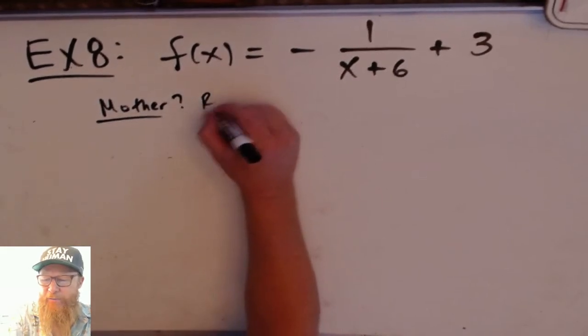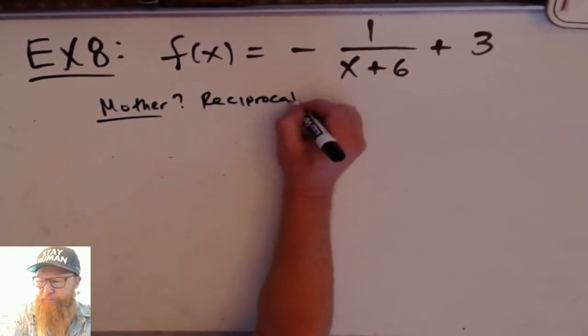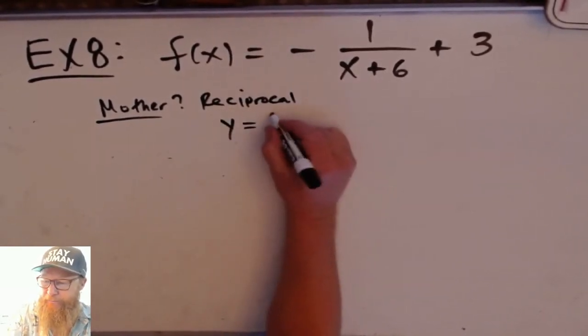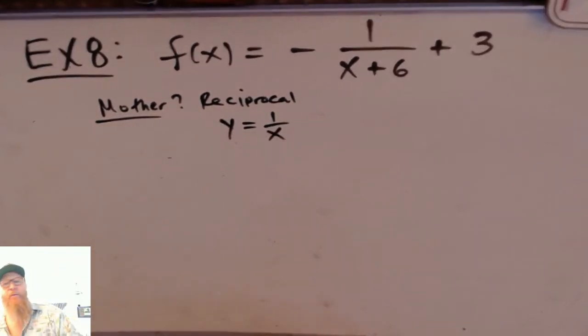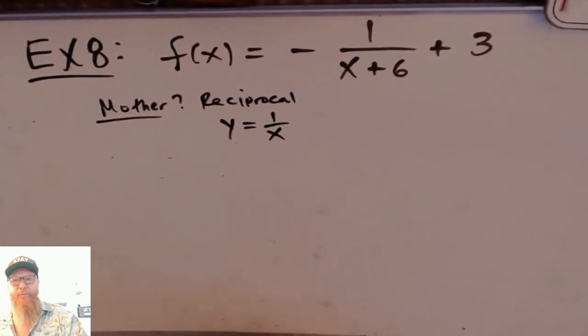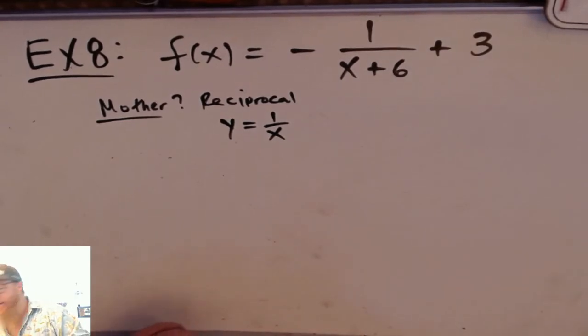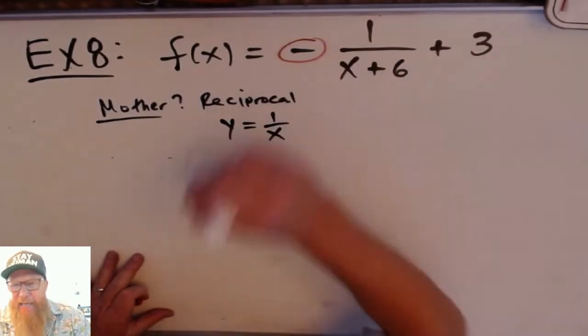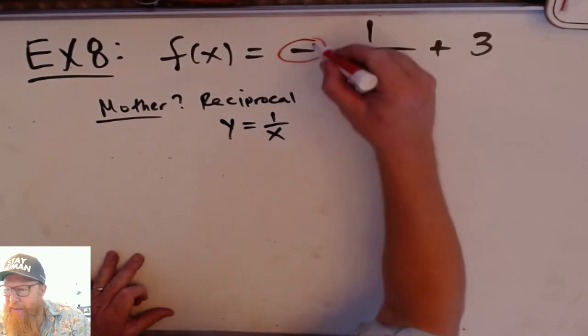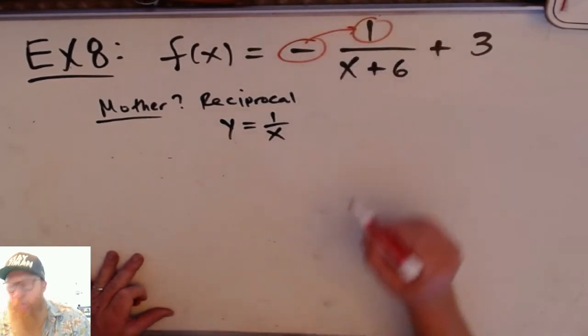The mother is reciprocal. Y equals 1 over x. If you see a negative out in front, that means the same thing as -1.